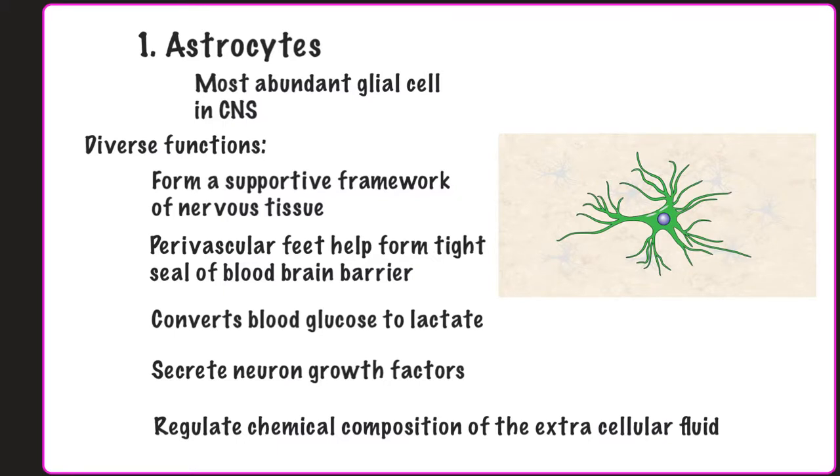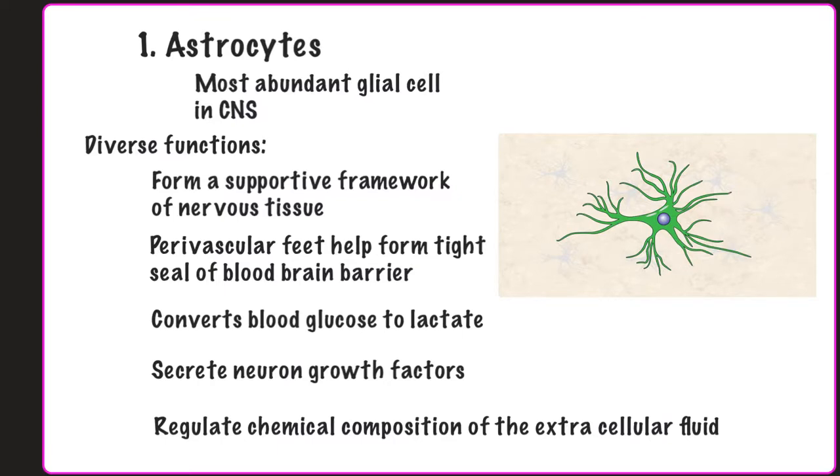So the astrocytes are actually responsible for helping to regulate that chemical composition of the extracellular fluid around the neurons to make sure that the neurons can always work at their best. And finally, astrocytosis or sclerosis is when a neuron is damaged. The astrocytes are going to form hardened scar tissue and fill the space that was formerly occupied by that neuron.